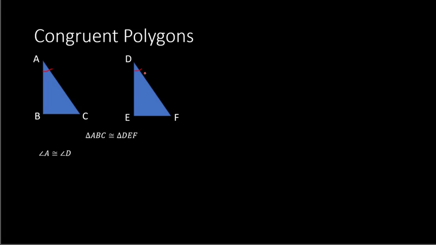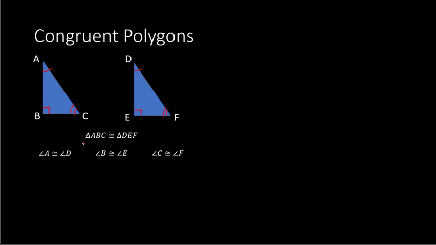We also would know that angle B and angle E would be the same measure. Those are corresponding, so we can say those are congruent as well, right? Same size, same shape. And then angle C would be the same measure as angle F. So those would be congruent as well, because those are corresponding angles.